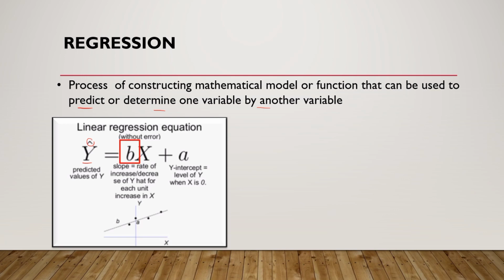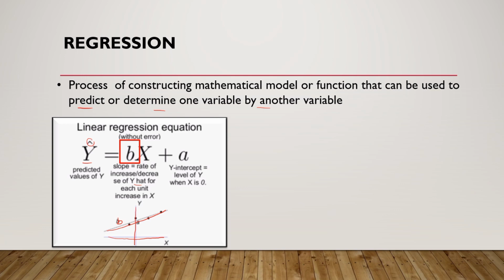Our b is the slope, or the rate of increase or decrease of y hat for each unit increase in x. As you can see in the graph, it's a little bit unclear, but we have plotted points, and the steepness of this line is the slope, or the b.